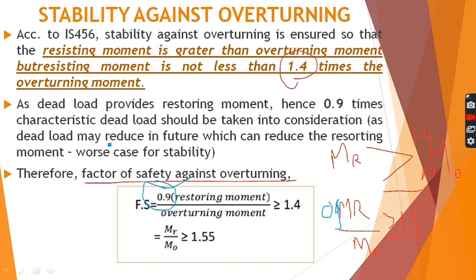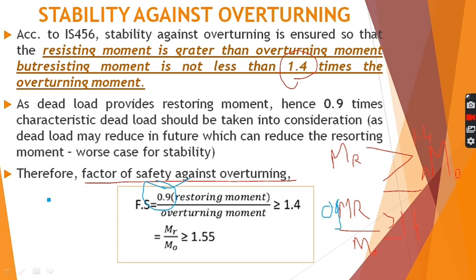So this is a very important and deep meaning. For this we have to recall your concepts of load factors. In the previous design numericals, like in beams and columns and slabs, when we take the live load or dead load, we always increase our load.